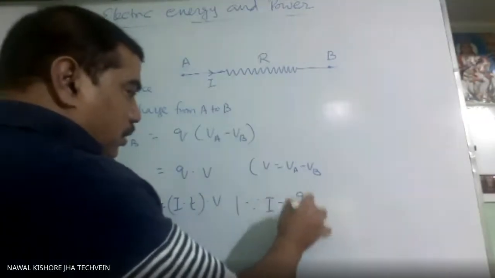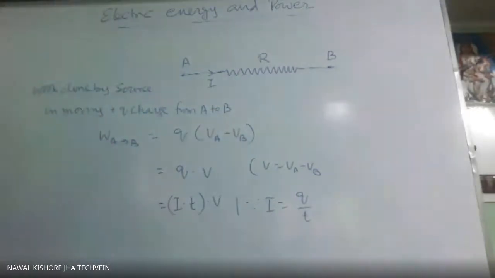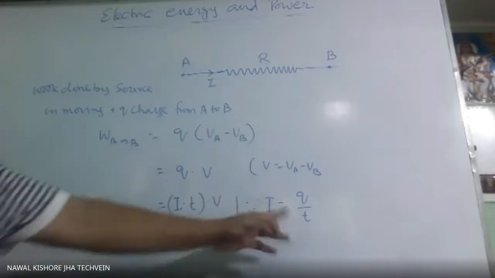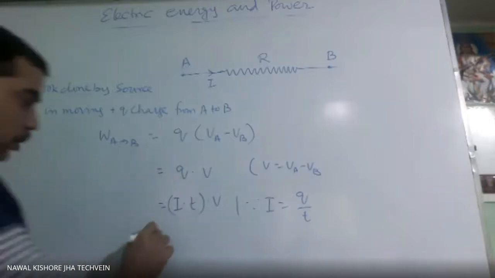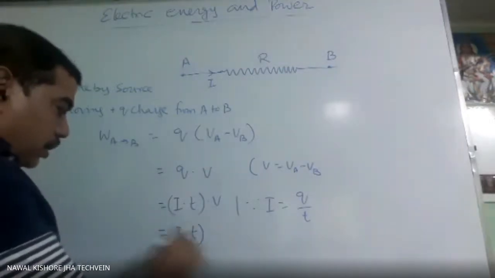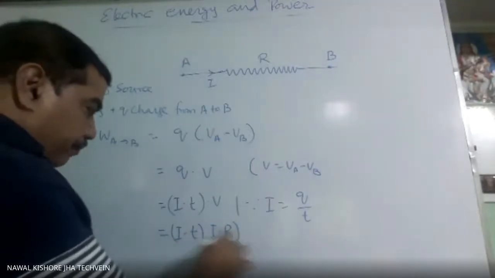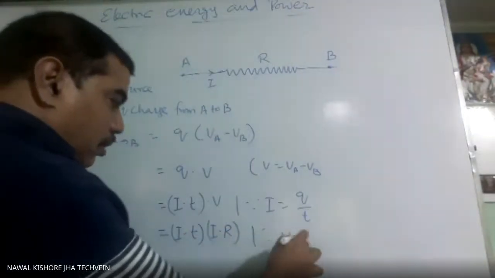I is Q over T. Suppose the charge Q flows in a time interval T, then Q will be I into T. So in place of Q we can write I into T. So it will become VIT. In place of V we can write I into R, so it can be written I into T and here I into R. According to Ohm's law, V is IR.